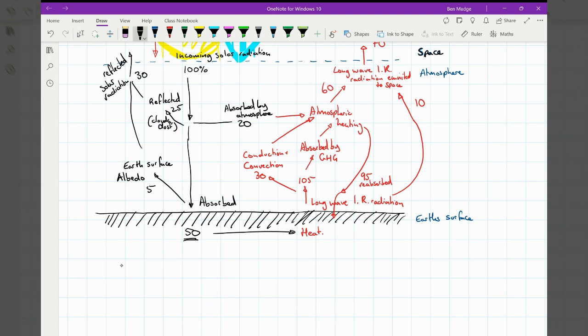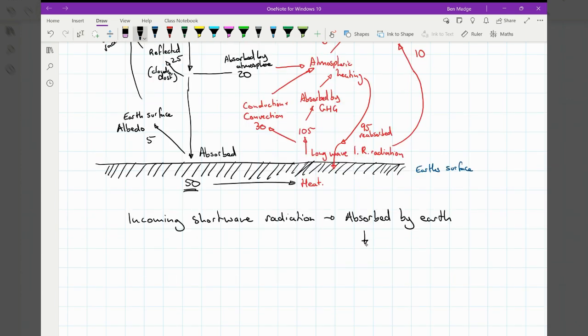So our incoming shortwave radiation is absorbed by the Earth, and then it is emitted as longer wave infrared radiation.